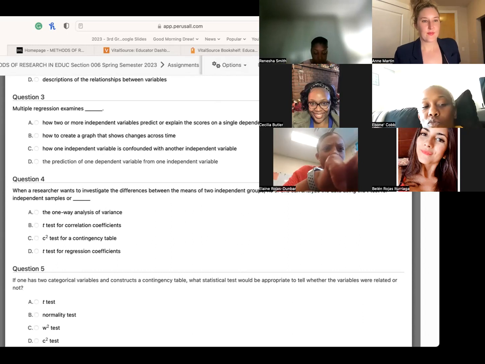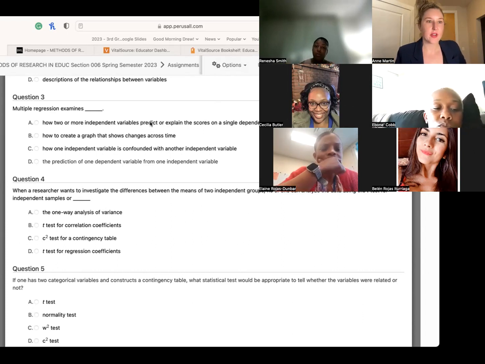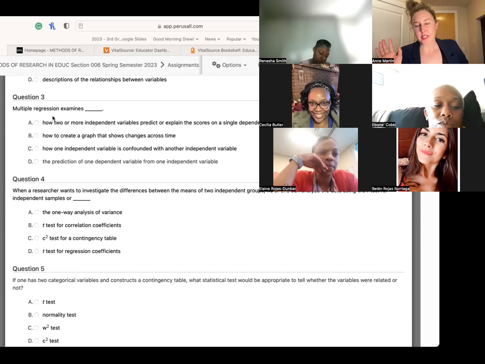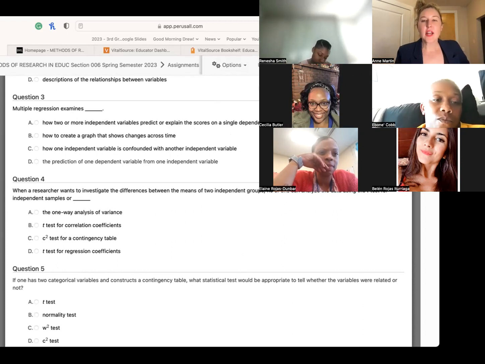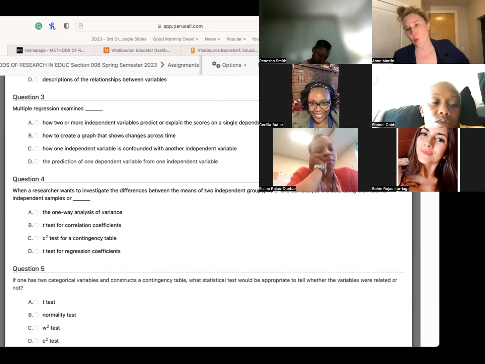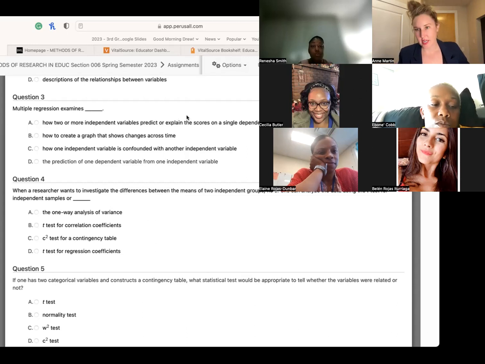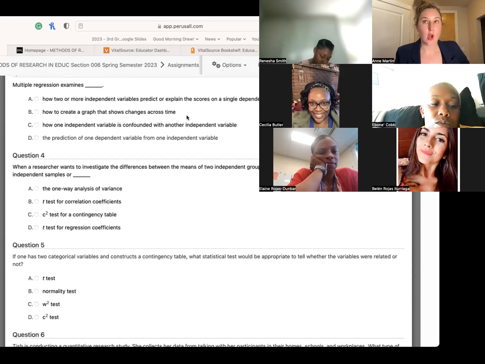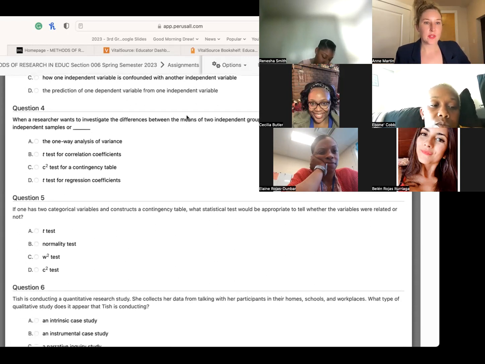Isn't it how two or more independent variables explain or predict the score? Yep. Very good. So, like I was saying, there's not going to be one where it's like, is this simple or multiple regression? But the concept: simple regression is one independent variable and one dependent, and multiple has more than one independent. The key point is understanding that they can predict, and those are quantitative variables.